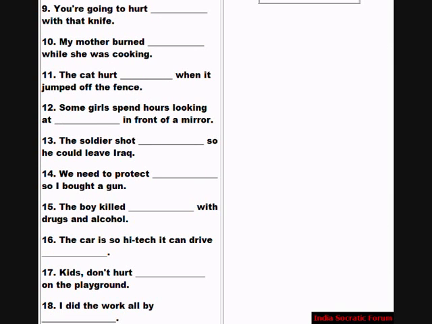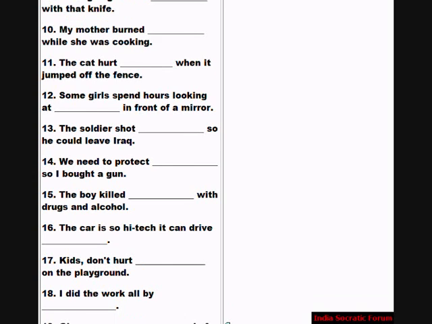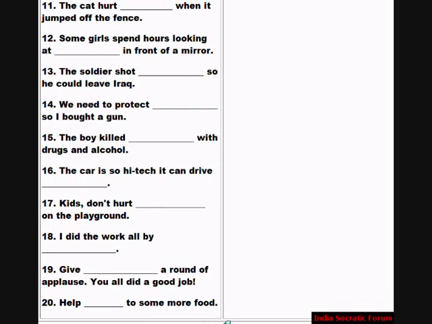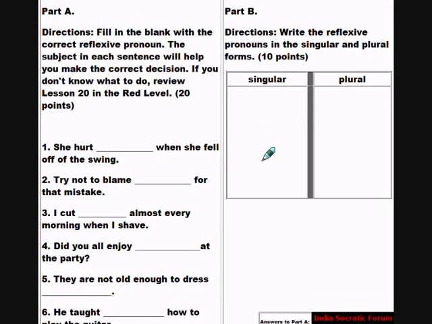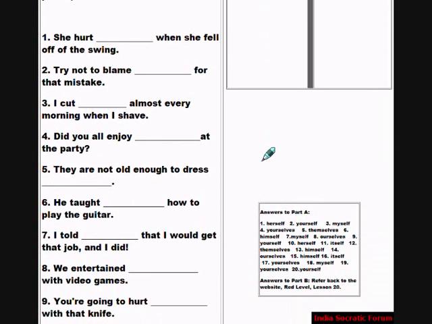Second portion of it. Here's the part B. Now I'll give you the answers.